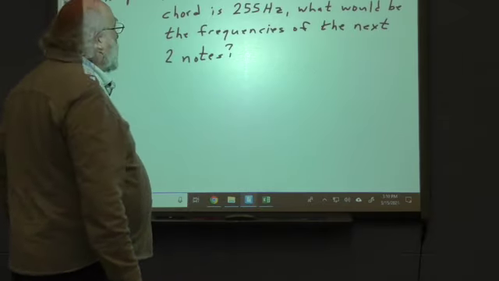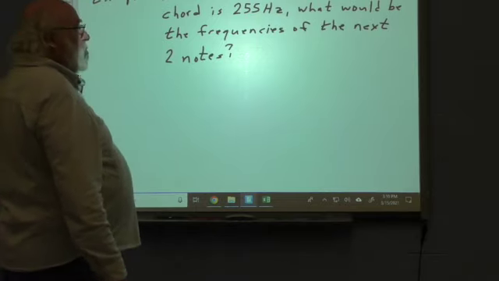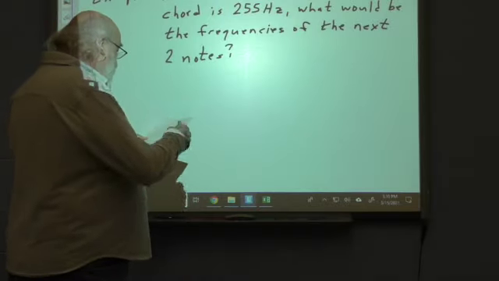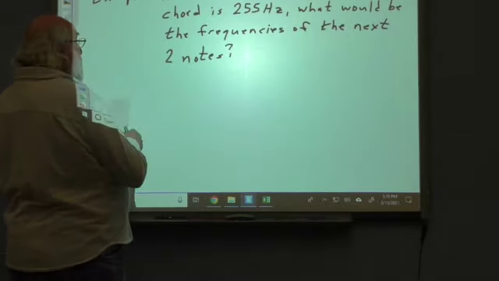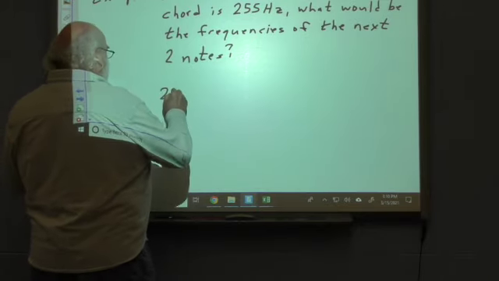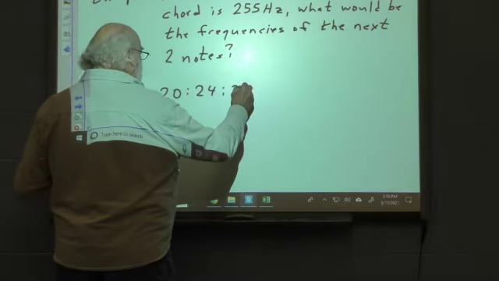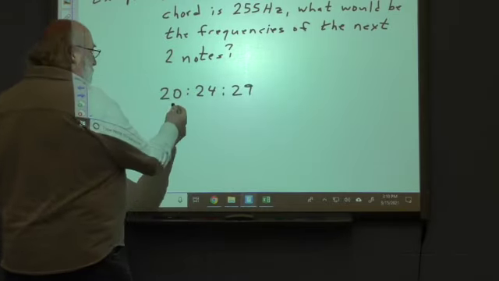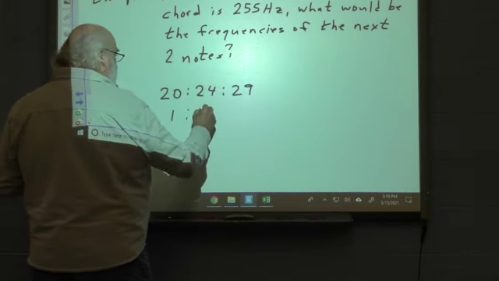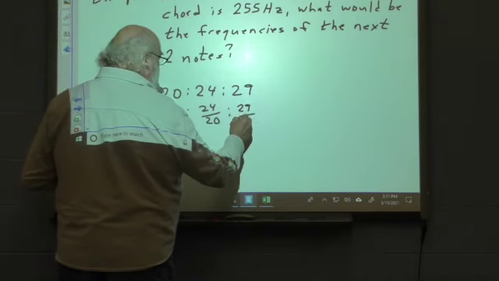Okay? If the note of a diminished chord is 255 hertz, what would be the frequencies of the next two notes? Well, for the diminished chord, we said the ratio is approximately, we're going to go with it, 20 to 24 to 29. And again, we're going to divide each of these by 20. So that's going to be 1 to 24 over 20 to 29 over 20.